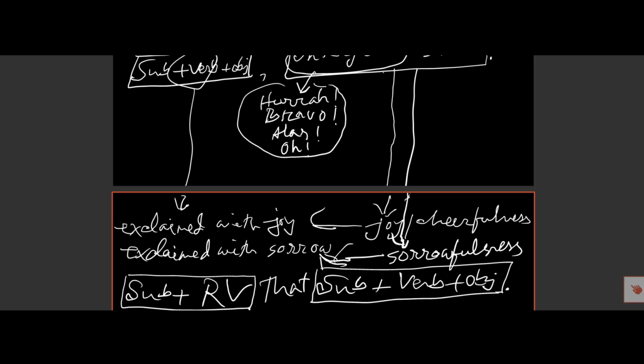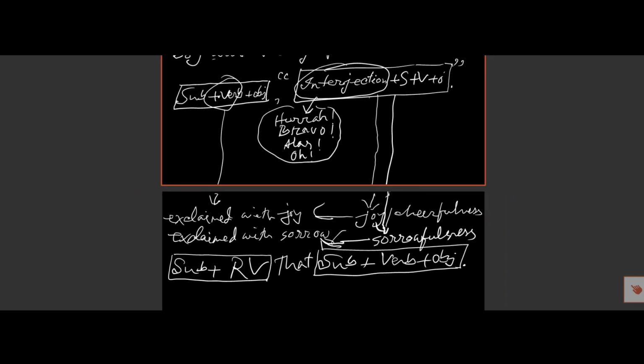I repeat. If the sentence begins with an interjection in the direct narration, we come to know that the reported speech is now in the exclamatory sentence.